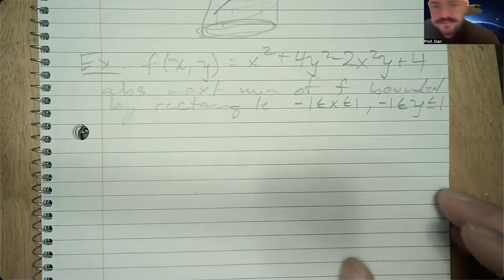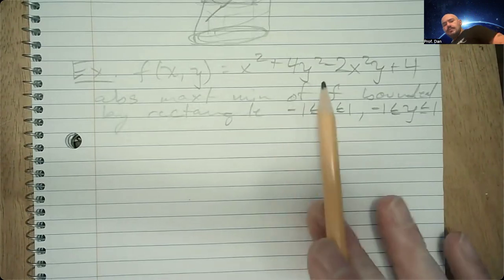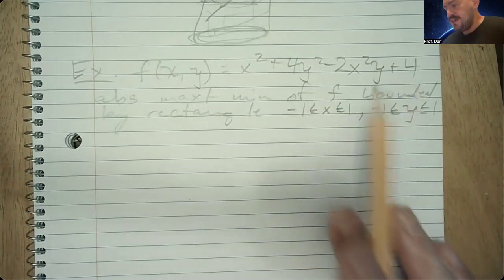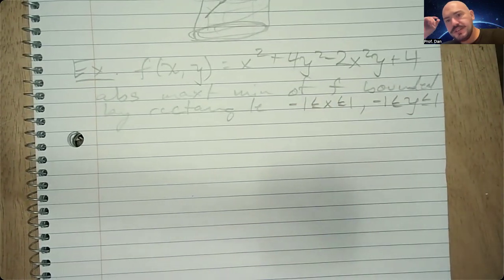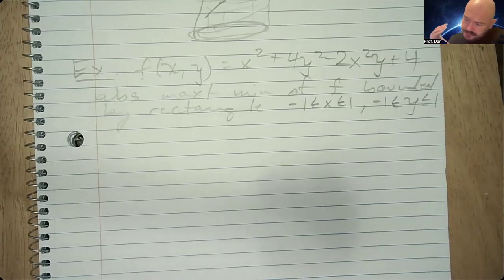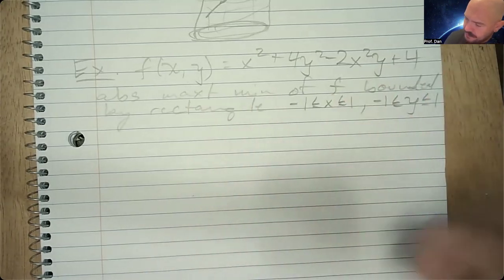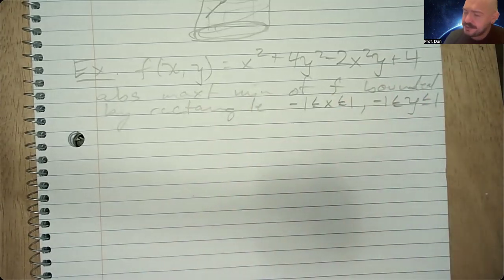So now that we have all of our stuff, remember, we essentially want to test f of x, y at any critical points and at boundary points. So that works essentially by doing a couple of things. First, figuring out where the critical values are, which means we need to look at our domain.